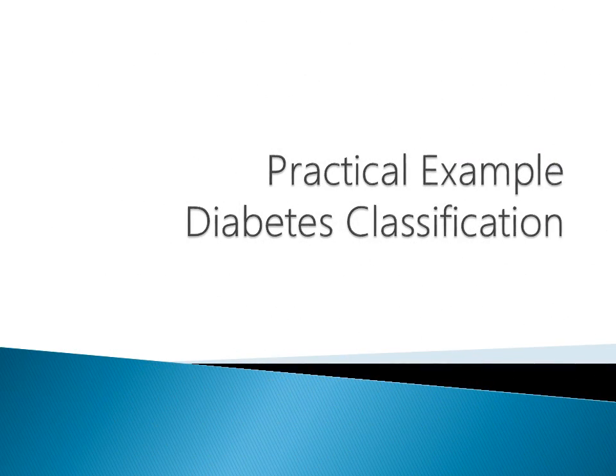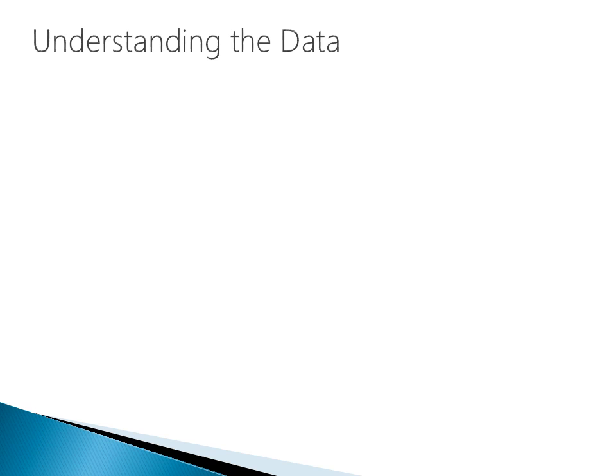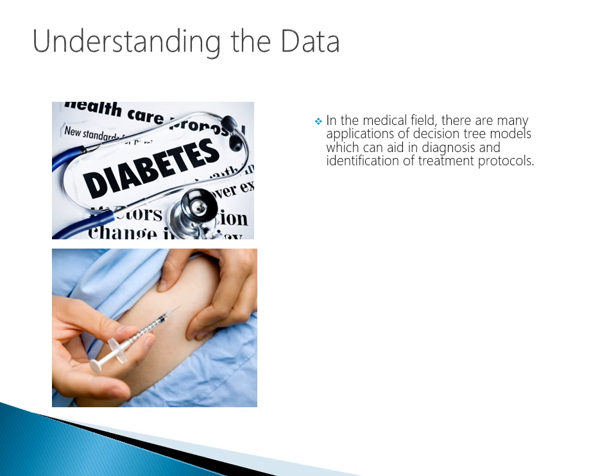Now that we've spent some time going over an overview of decision trees, I want to shift the focus and go back into a practical example of the application of decision tree models. Before we begin, let's go ahead and try to understand the data that we're working with.